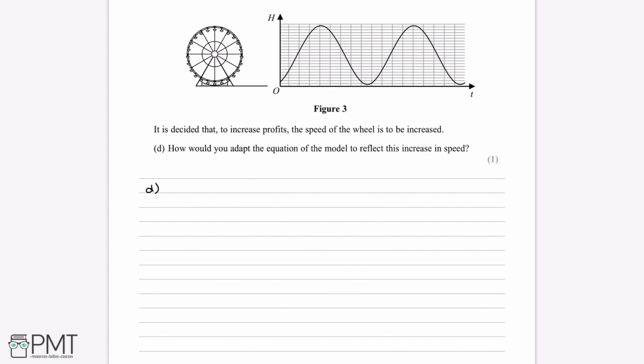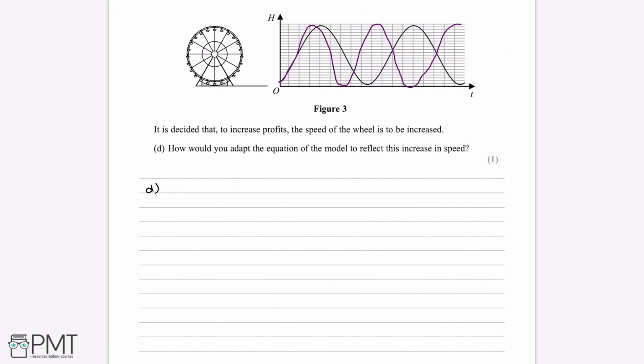And the way we would illustrate this on the graph is a horizontal compression, where the graph gets squashed. So if we were to draw it, it might look a bit like this, where there are more maximums than there were before because it's been squished.